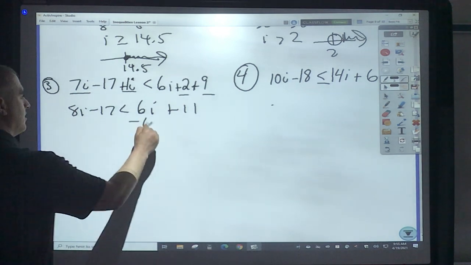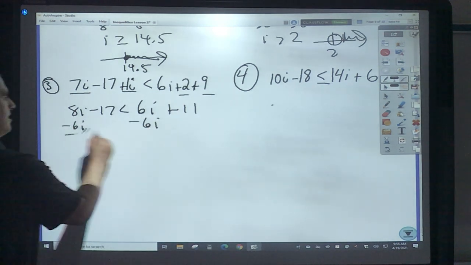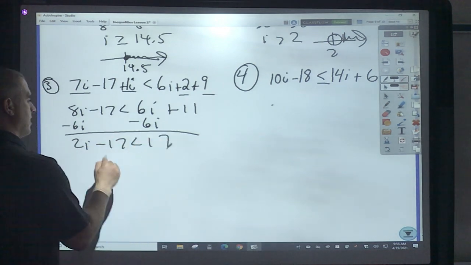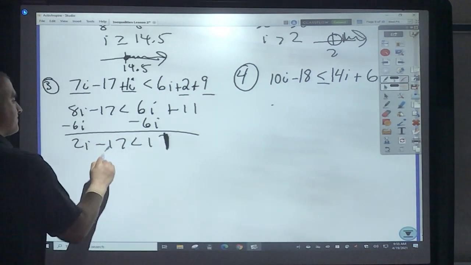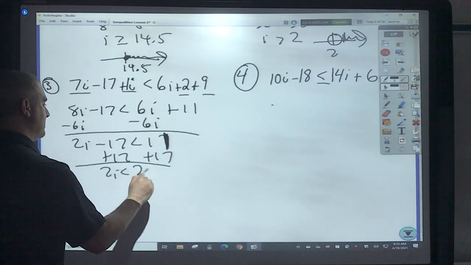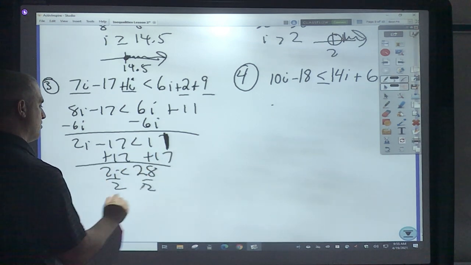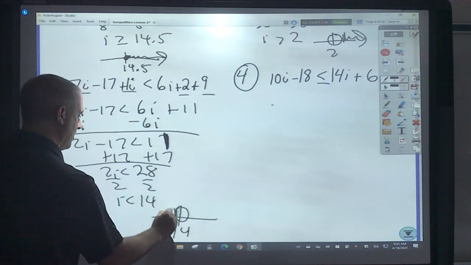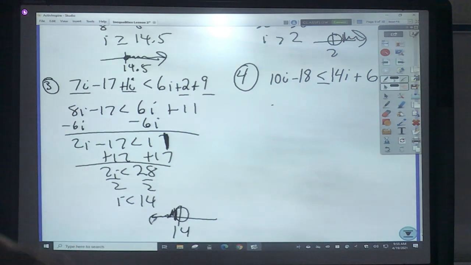We got opposites, so subtract 6i, 8 minus 6 would be 2. Then, oops, that's an 11. Add 11 over here, that's 2i is less than 28. Divide by 2, that's gonna be I is less than 14. Open circle on 14, and it's going that way because it eats the number, okay?